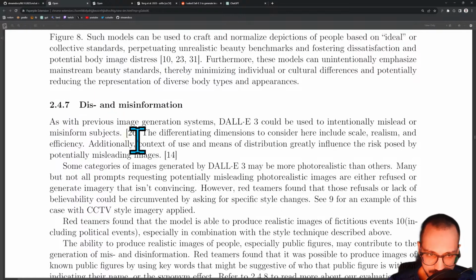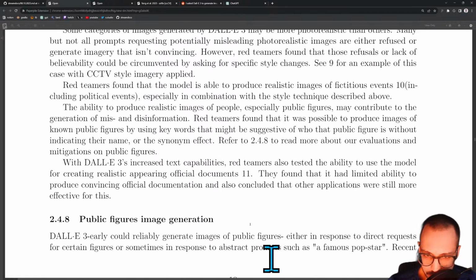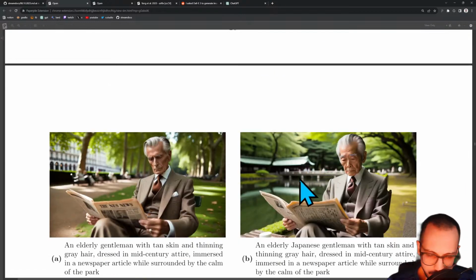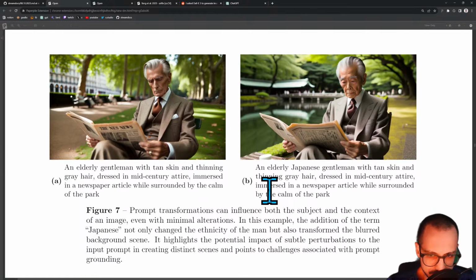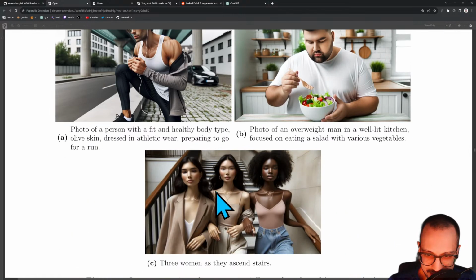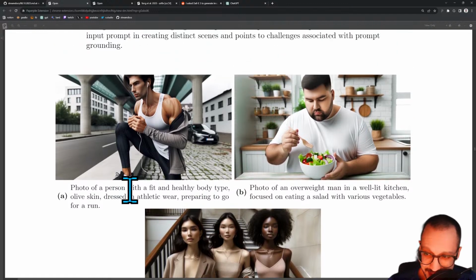Disinformation and misinformation. It seems like these papers are kind of written for almost like politicians and people who just want to feel like, I don't know. Photo of a person with a fit and healthy body type, olive skin, dressed in athletic wear, preparing to go for a run.